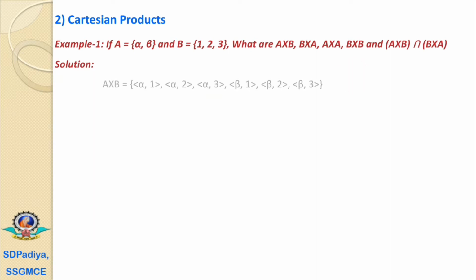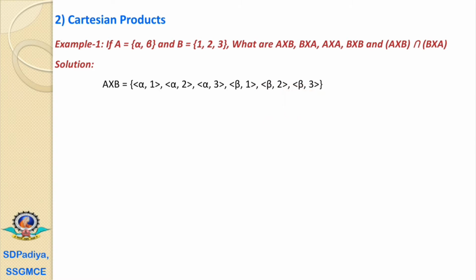Let's find the Cartesian product of A and B. Here the first set is A and the second set is B, so in the ordered pairs the first element must belong to A and the second element must belong to B. So we get (alpha, 1), (alpha, 2), (alpha, 3), then for the second element of A, (beta, 1), (beta, 2) and (beta, 3).